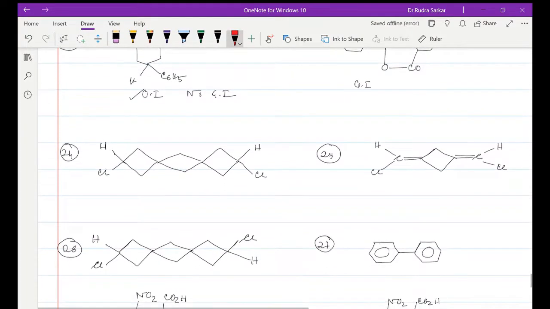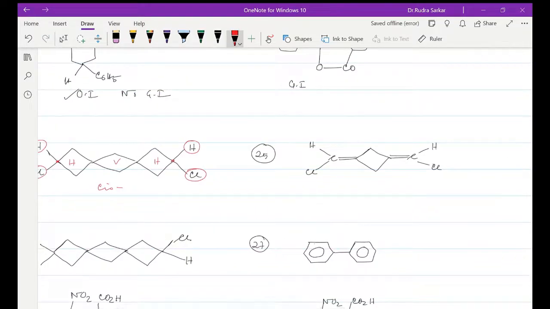Now again if you take question number 24, which is again a spirane, this is horizontal, vertical, horizontal, so these two carbons are in plane now. Since hydrogen is lying on the same side as the other hydrogen on the other carbon, similar with the chlorine, this will be defined as cis.